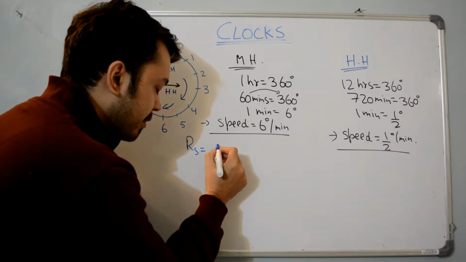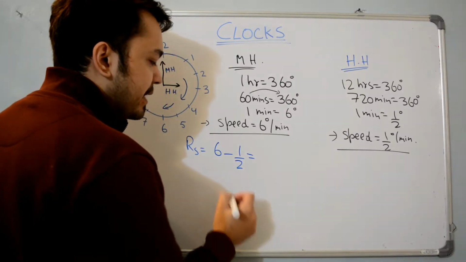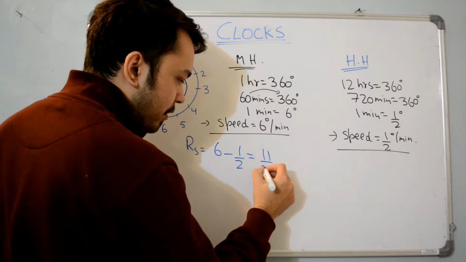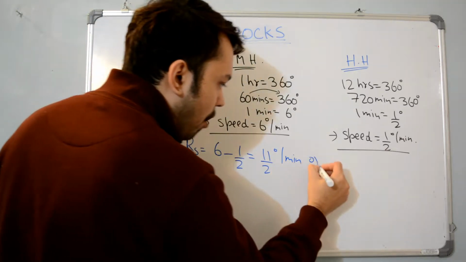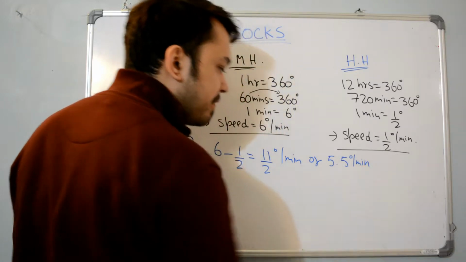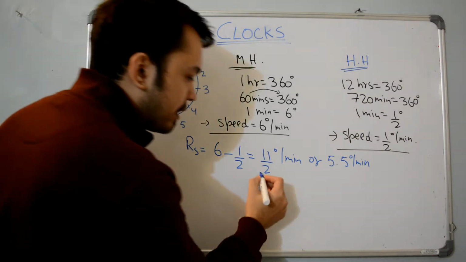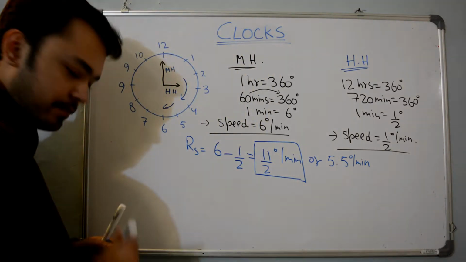So this will be 6 minus 1 by 2. This gives me 12 minus 1, 11 by 2 degrees per minute, or some of you can say 5.5 degrees per minute is the relative speed. But for our sake of calculation, we will be using only 11 by 2, right? I hope this is clear.